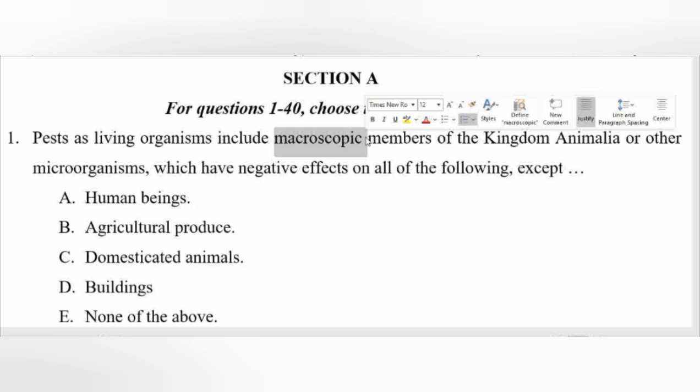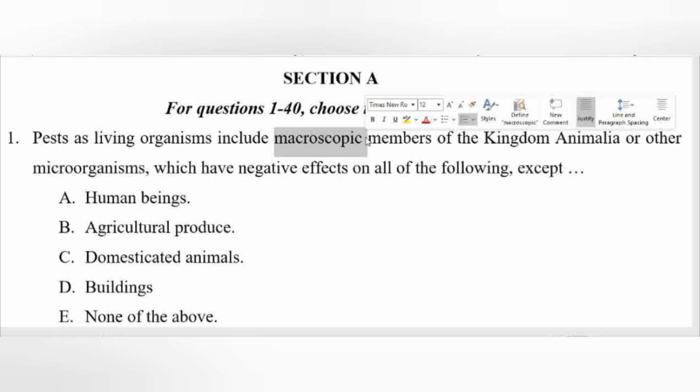The direct impact is inflicted or is triggered by them directly. It's something that they cause. And then they also have indirect impact. For example, when it comes to disease transmission, they are not the causal agents, but they vector, they spread.